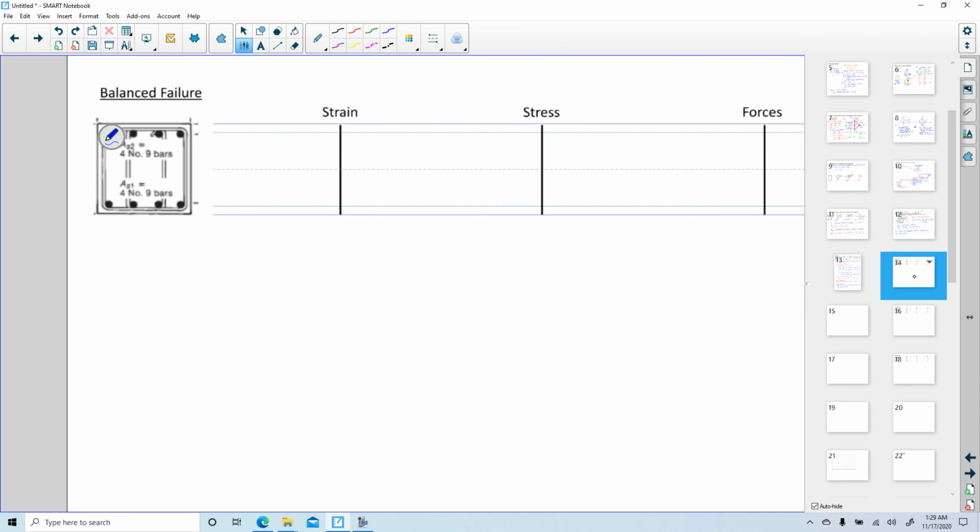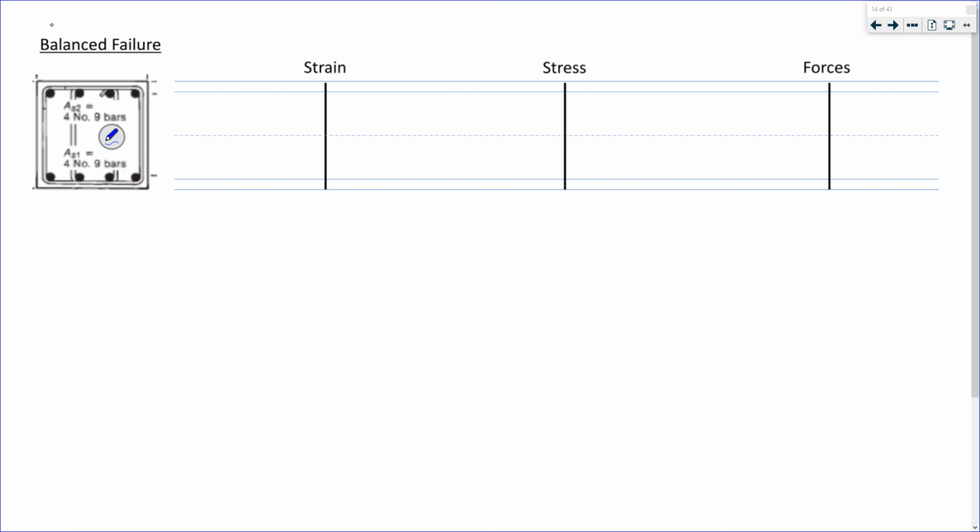Balanced failure. My balanced failure strain profile is when I reach epsilon cu on my compression side and strain in my tension steel is equal to my yield strain.